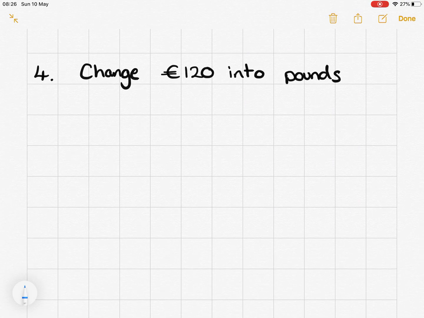Same thing again, just picking the correct exchange rate. When we're going back from euros into pounds, it's a divide. So changing 120 euros into pounds means I'm going to do 120 divided by my exchange rate for euros, which was 1.07, equals.